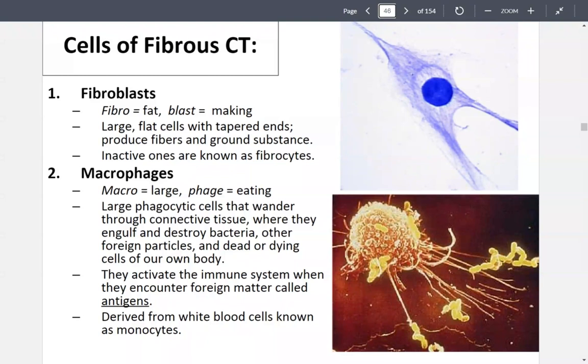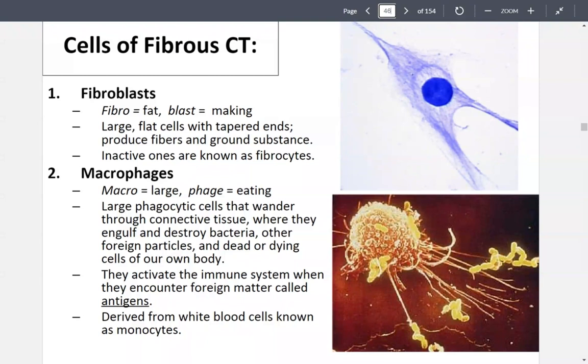They will also activate the immune system when they encounter foreign matter, things that don't belong. They'll convert that foreign matter into what we refer to as an antigen and present that antigen to a white blood cell, triggering the creation of antibodies. We will talk about antigens, antibodies in a later conversation.